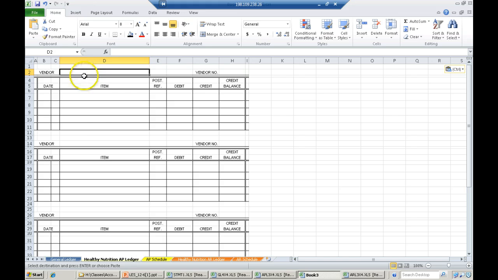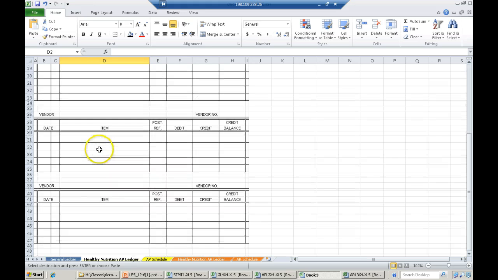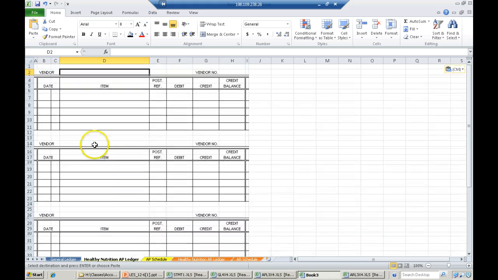So these are all going to be our vendors that we purchase merchandise on account from in our accounts payable ledger. First one we have is Cornucopia Inc. Again, I'm getting this information from page 304 under application problem 12-1. Tab it over, vendor number is 210.